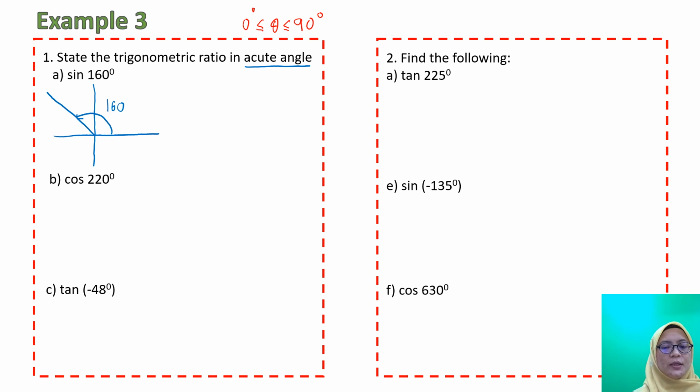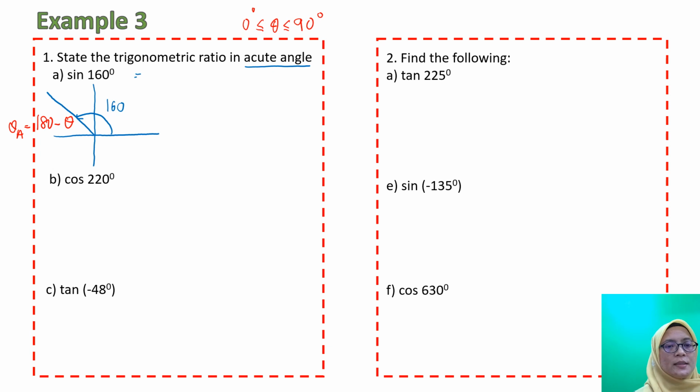So dalam second quadrant kena tengok balik tadi formula untuk acute angle ataupun you punya basic angle. Is 180 minus theta. Okay, so kita akan guna benda tu.